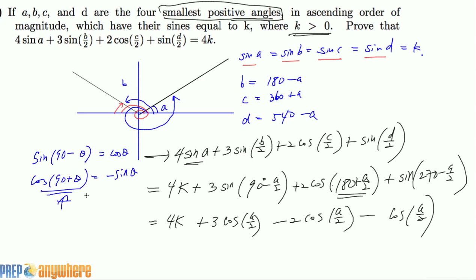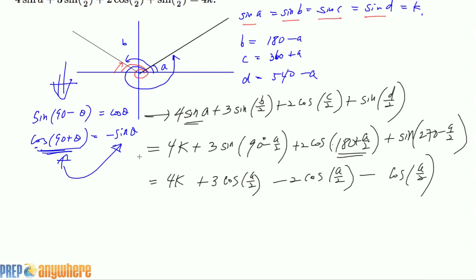Cofunction identities always change into their cofunction. So go back to the lesson on CAST and why these are the way they are, and then you should be able to easily go from this step to this step. It's too much for me to do an entire lecture on it just to take this one step.